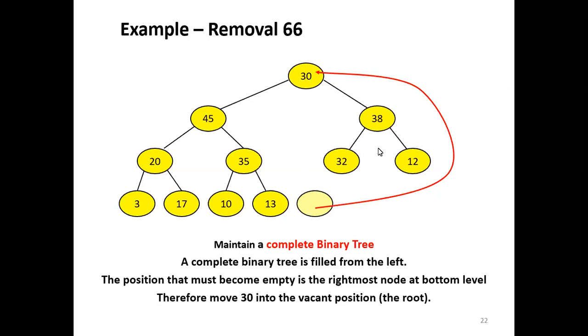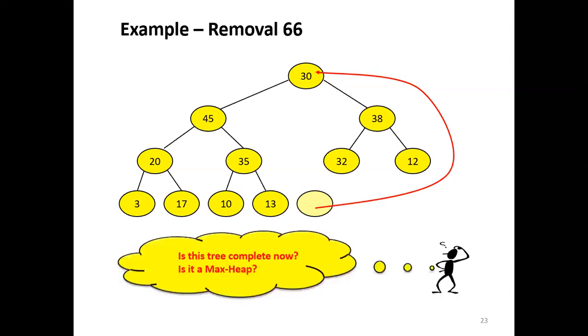The only thing we now need to do is to reorder the tree, to move the elements in the tree so that the tree will be restored to the max heap properties. So we replace 66 with the value 30, and now it is complete, but it is not a max heap.